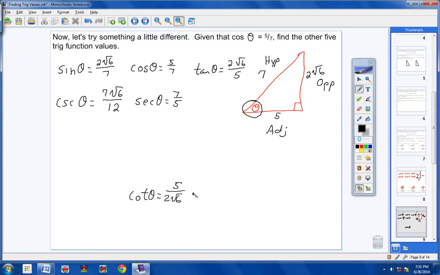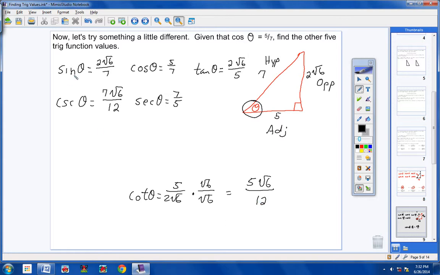So we're going to multiply the top and the bottom by the square root of 6. 5 times the square root of 6 is 5 square root of 6. And then don't forget, we already did this multiplication before. We already took 2 square root of 6 times square root of 6 earlier when we did our rationalization for cosecant, and we got 12 in the denominator.